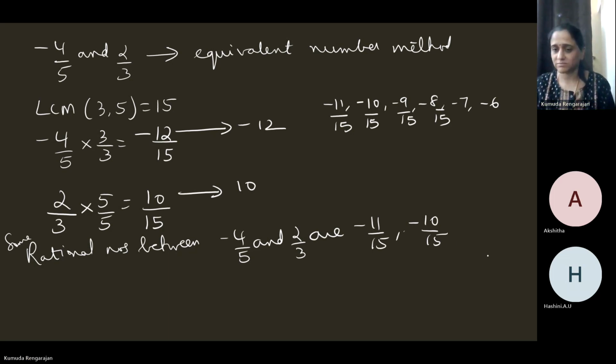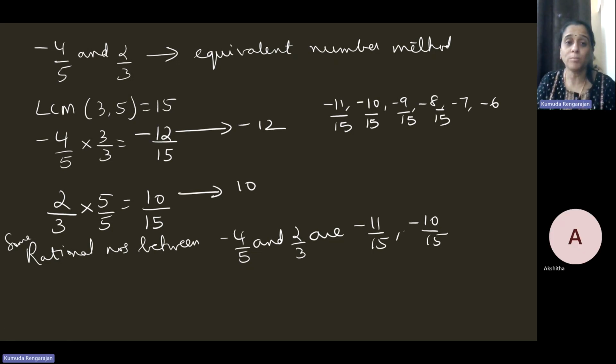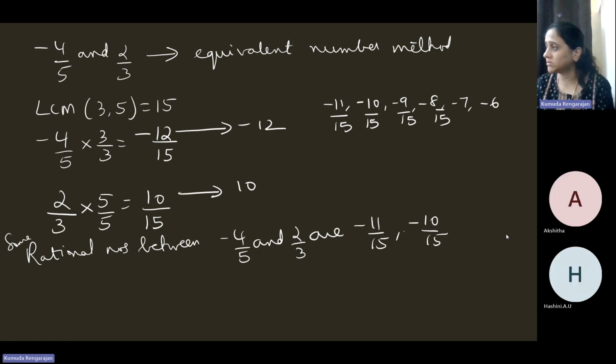Ma'am, why can't we put minus 12 by 15 and 10 by 15? No, between. You should insert between these two numbers, so you cannot write the given numbers themselves. So look at the numerators. The denominators are the same, 15.